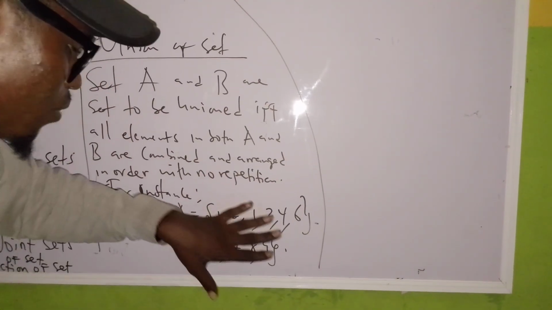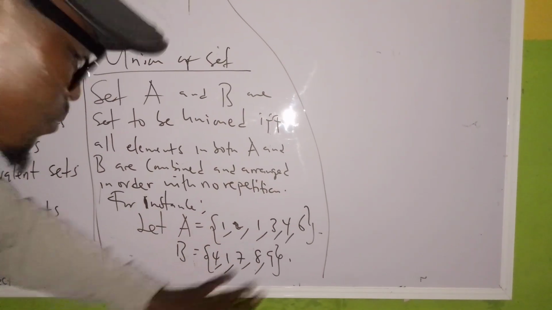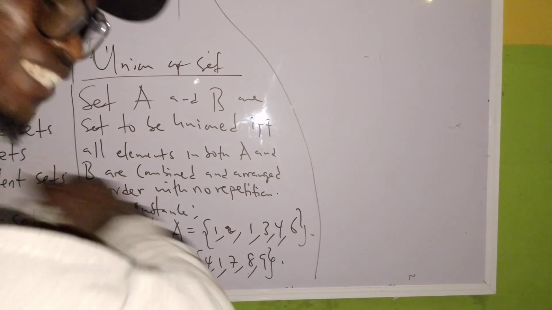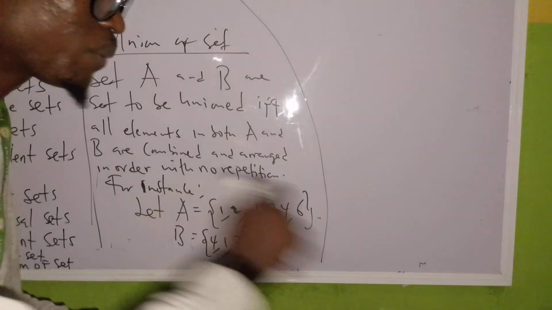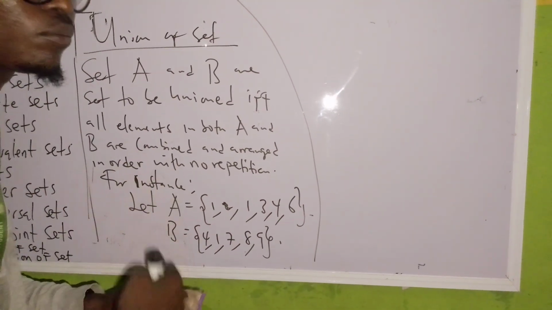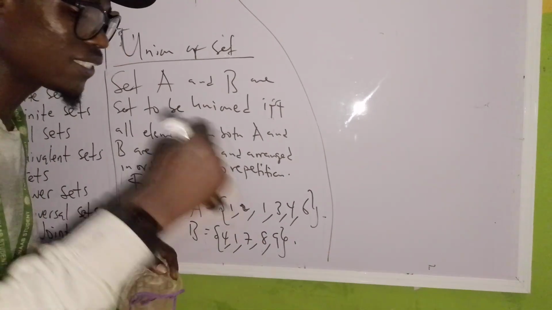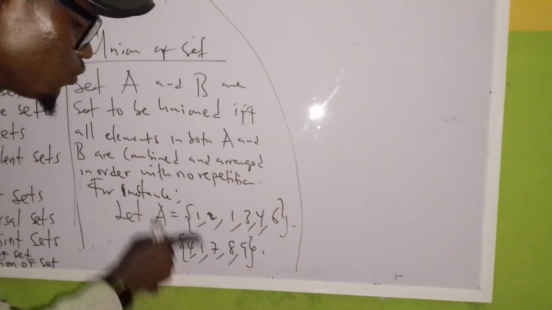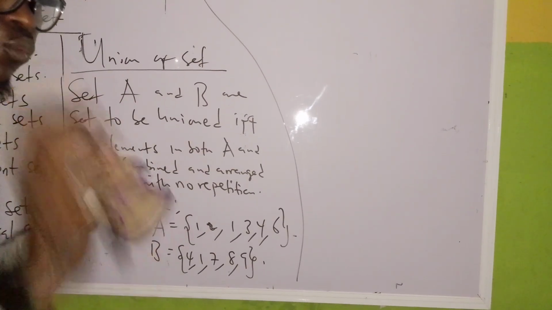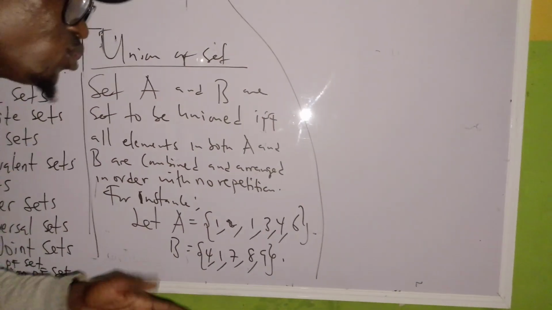Any element you notice in either set, you list out, but follow the numbering order. If you notice that one is repeating itself, once you have picked it you don't need to rewrite it.